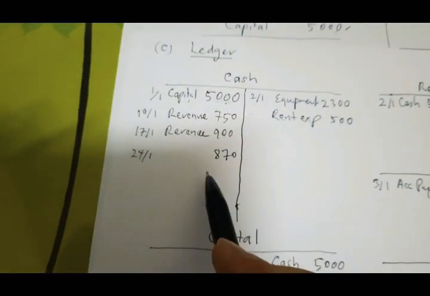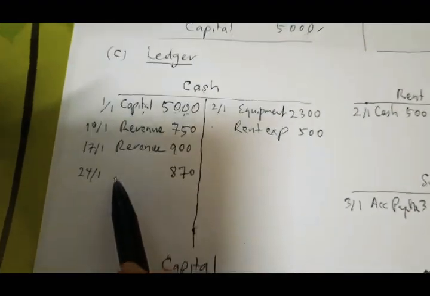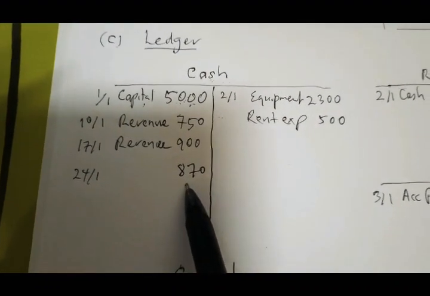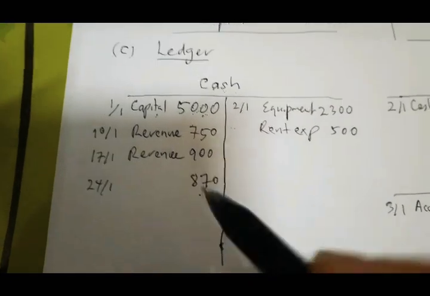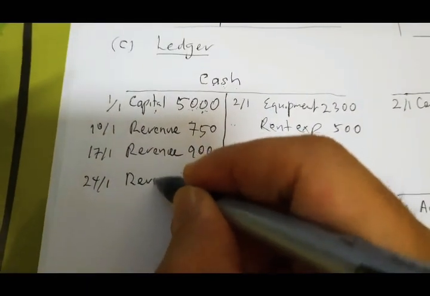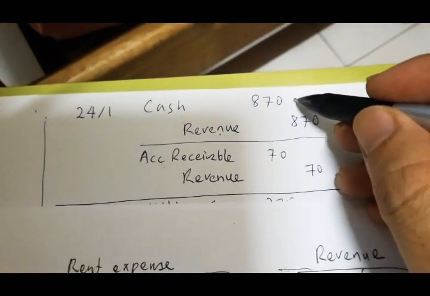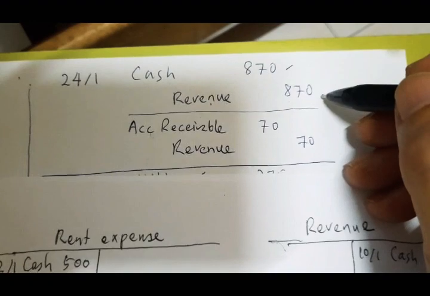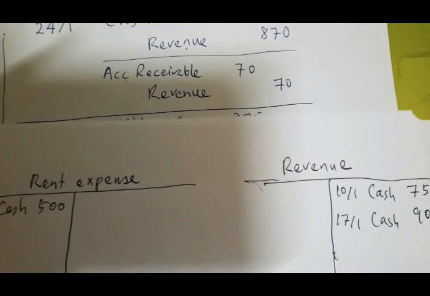So you have recorded here debit cash 870. Refer to account revenue. Okay, you have done this. The second thing is credit revenue 870. So this is account revenue.